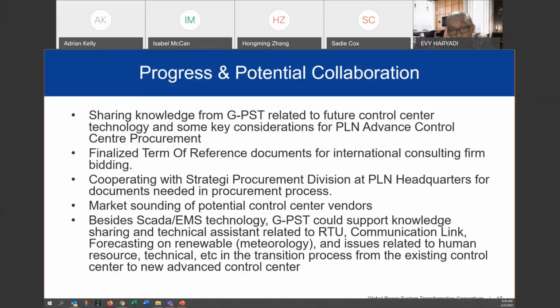And another issue is related to the transition process of implementing the advanced control center, from the existing control center to the new control center, especially in human resources and also other technical issues.